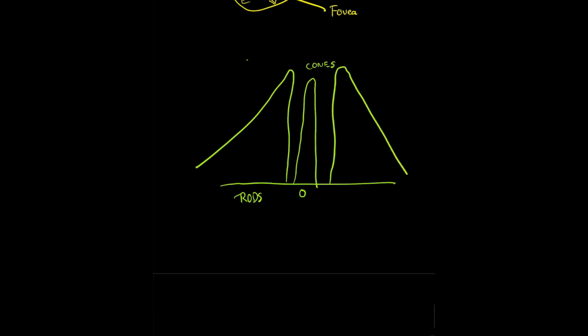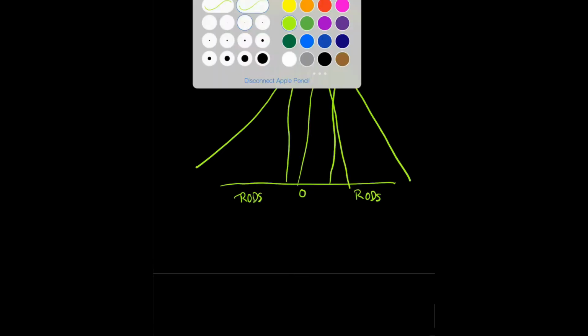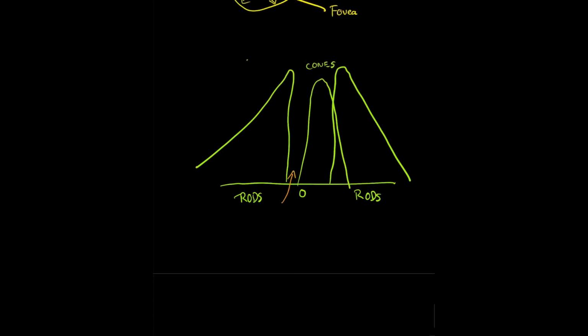They're on the periphery, but it's also important to understand that the further you go out, the fewer rods there are too. Maybe I should draw this a little bit more like this. There's a point of crossover, but you'll notice here there's nothing. And this is the blind spot, or the optic disc.